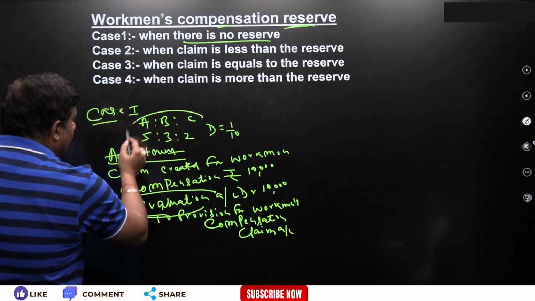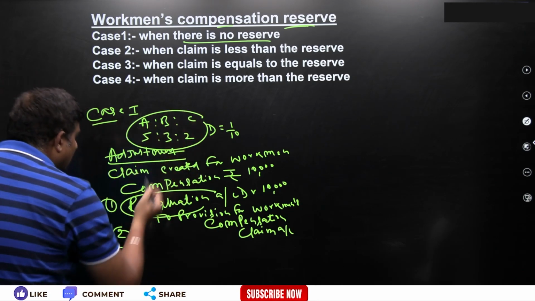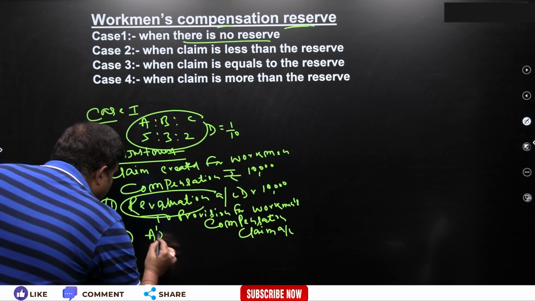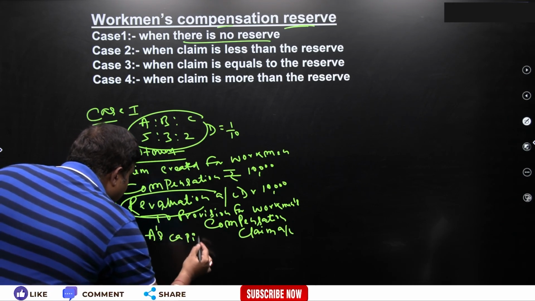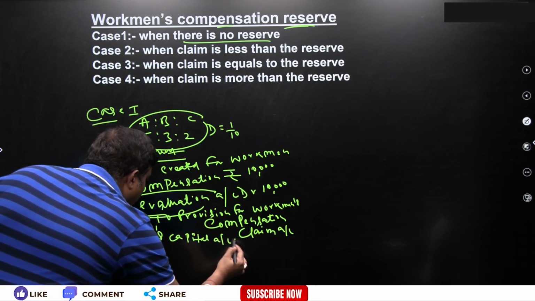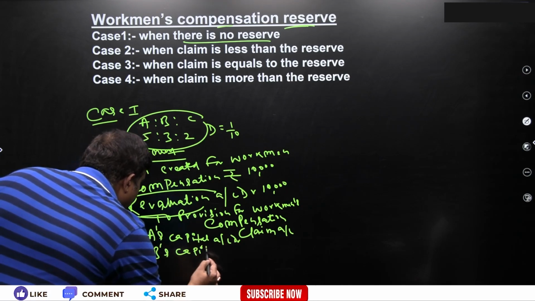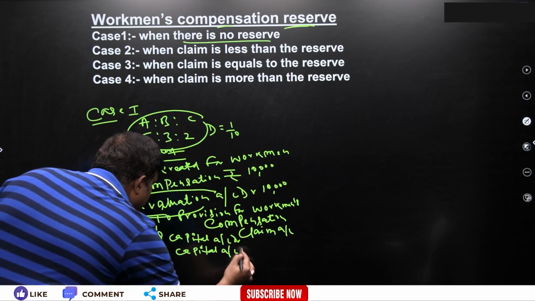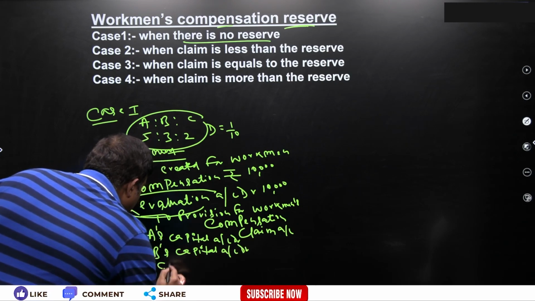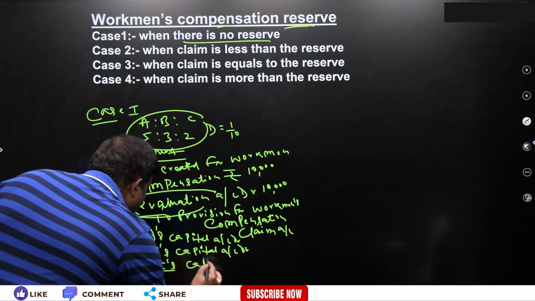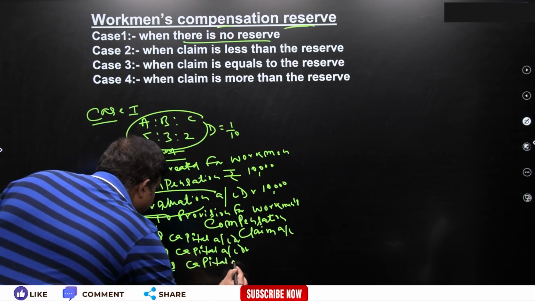That's why I have taken ABC here, the old partners, in their old profit and loss ratio. So what can you do in the second entry? You have to debit all the old partners, that is A, B, C's capital account, to revaluation account.